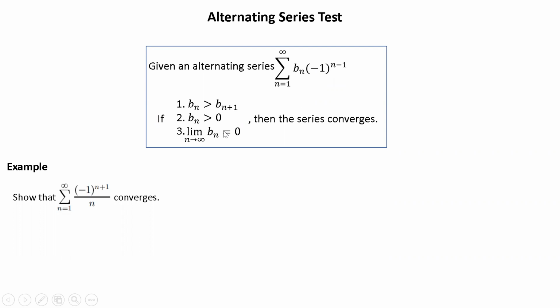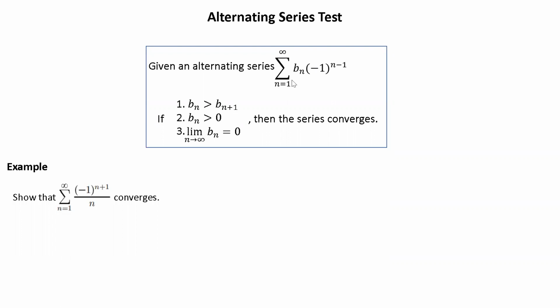First of all, here you see that I have this (-1) to the power n minus 1 factor, right? This one itself alternates between positive and negative. But this b_n itself, we just consider as always having the same sign.